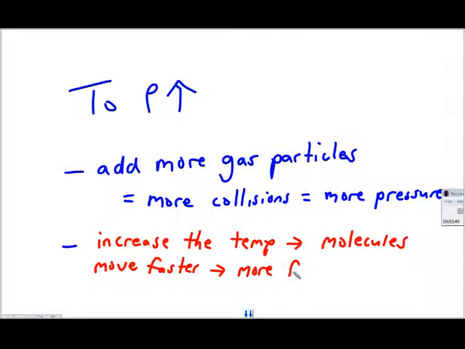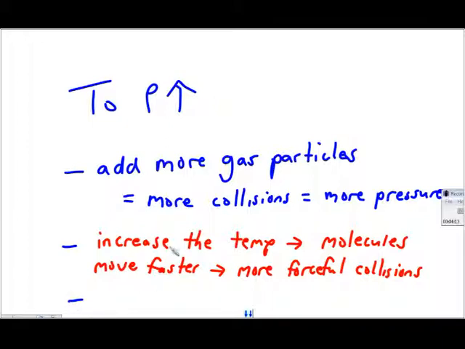More forceful collisions. Just like you'd rather get hit by a car going 3 miles per hour than you would a car going 15 miles per hour, because it's going slower, it's not going to hurt as much. And so same thing applies here. The faster the gas molecules are moving, the more forceful the collisions, the more pressure there will be.